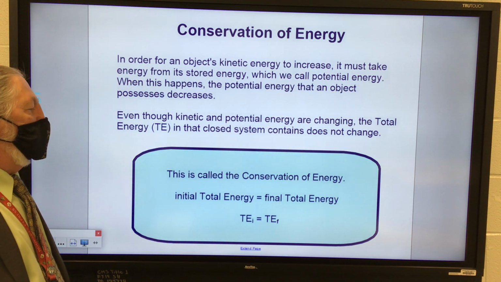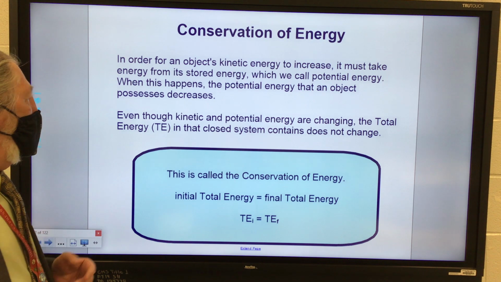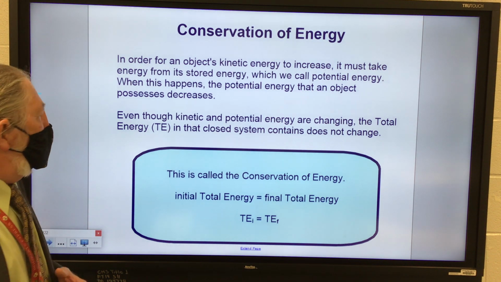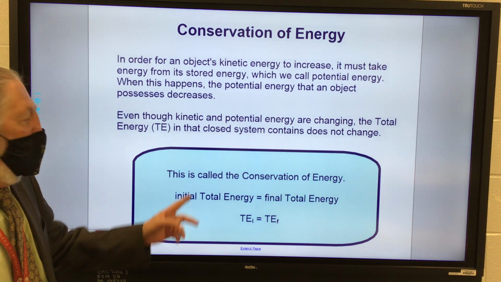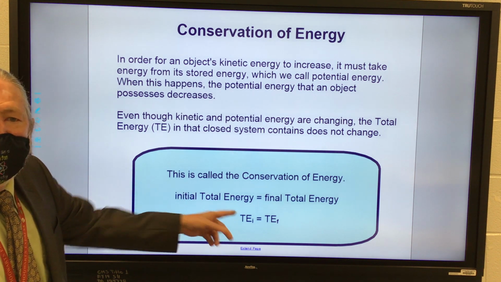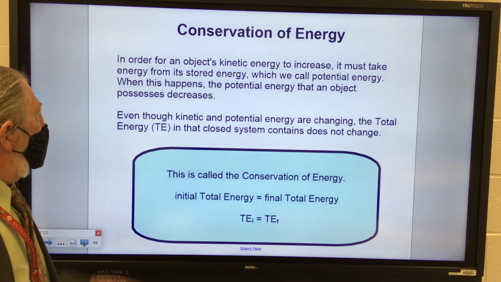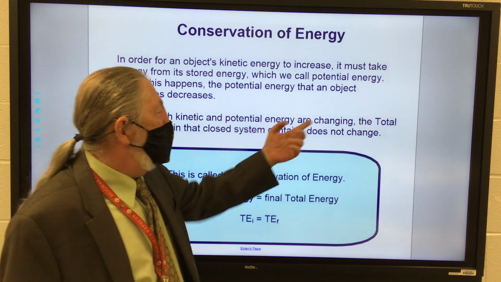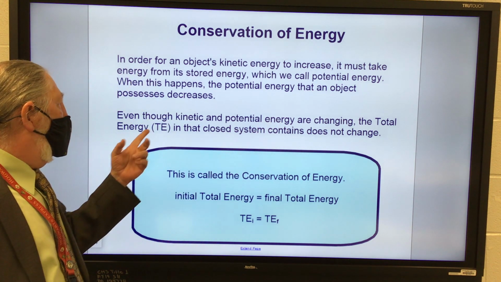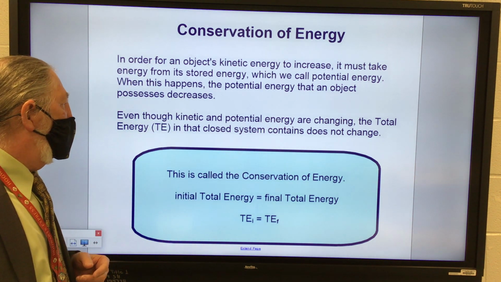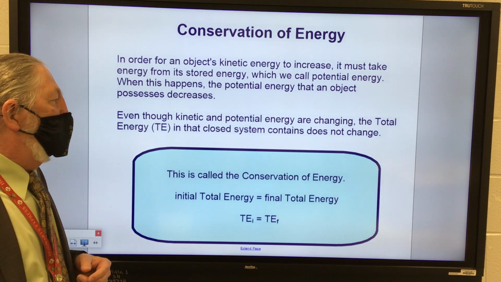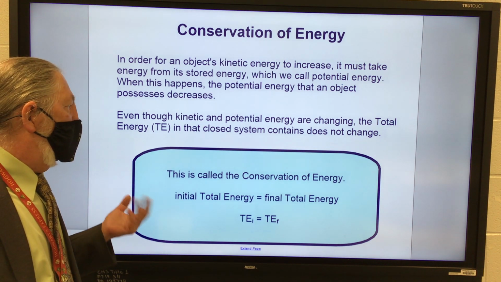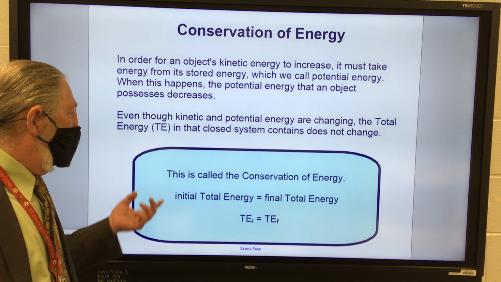Okay, now stay with me here. Even though kinetic and potential energy are changing, the total energy, which is represented by TE, a little more math, in that closed system does not change. Okay, and this is a law.